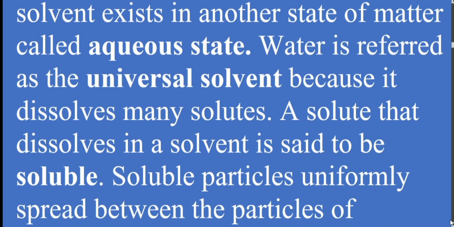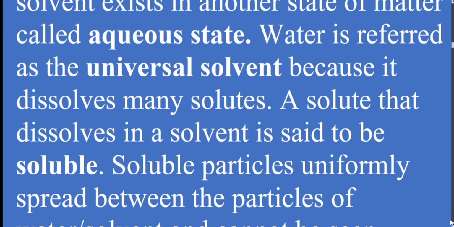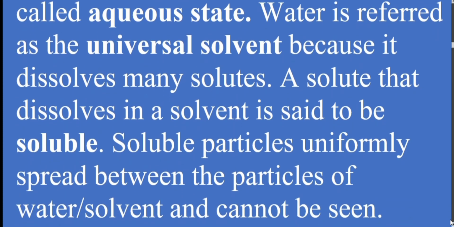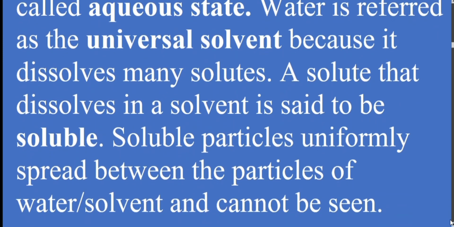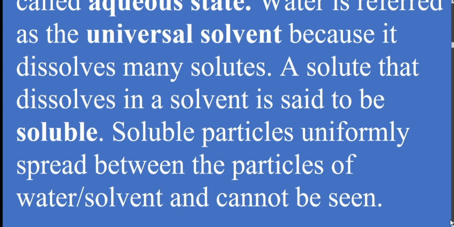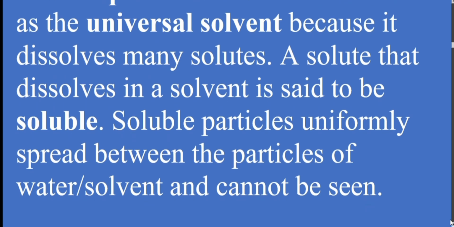Soluble particles spread uniformly between the particles of water, the solvent, and cannot be seen. When the particles of the solid cannot be seen, that's when we say that the solute is soluble.